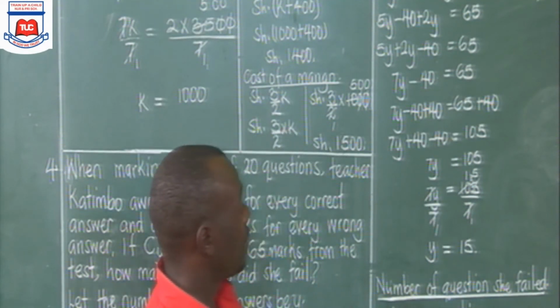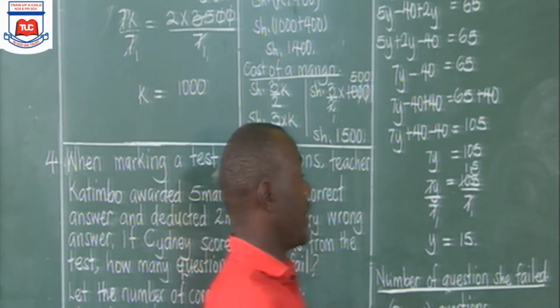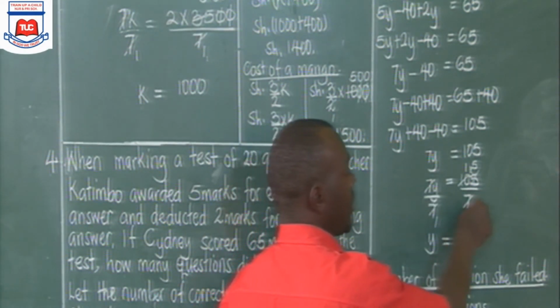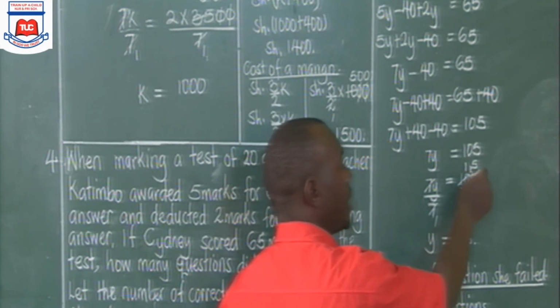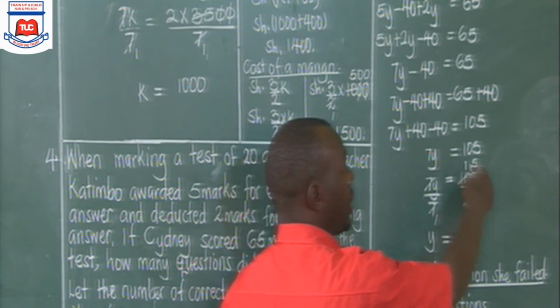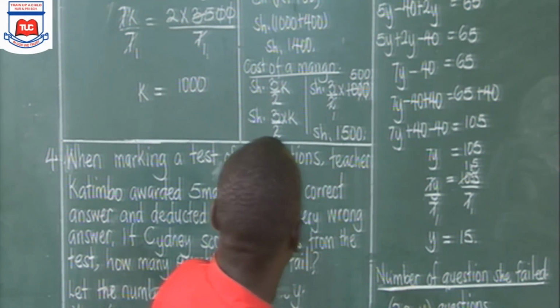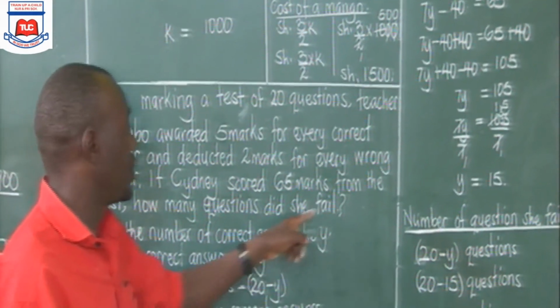So divide both sides by 7: 7y divided by 7 equals 105 divided by 7. 7 divided by 7 is once, and 10 divided by 7 is 1, remainder 3, 35 divided by 7 you get 5. So y equals 15. The main question was, how many questions did she fail?